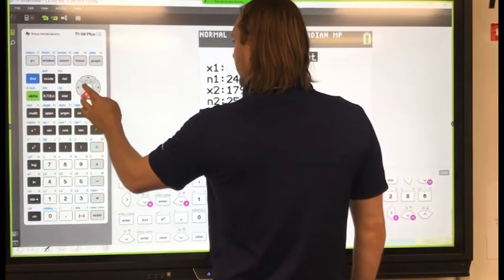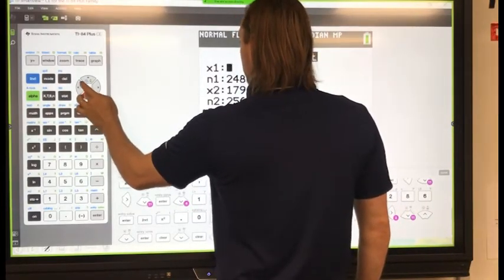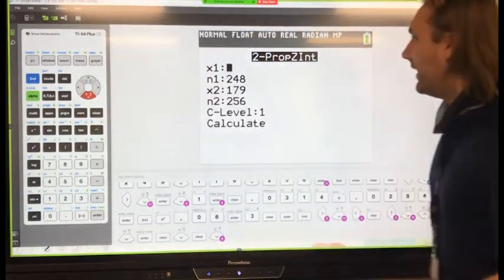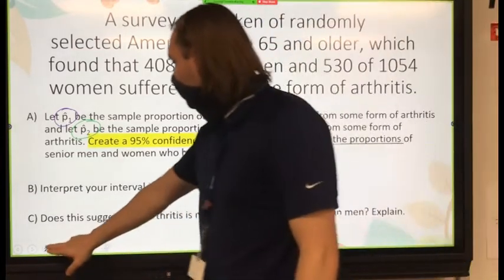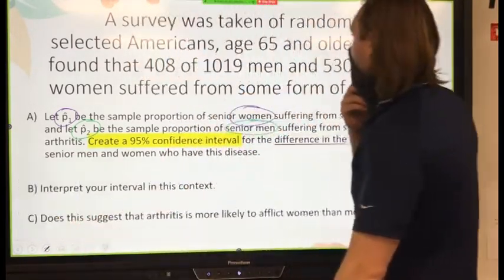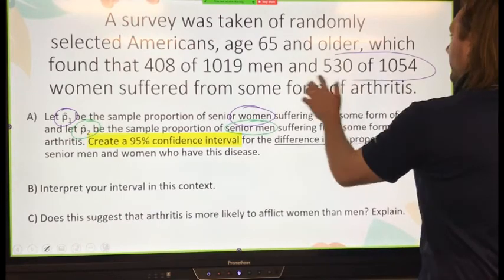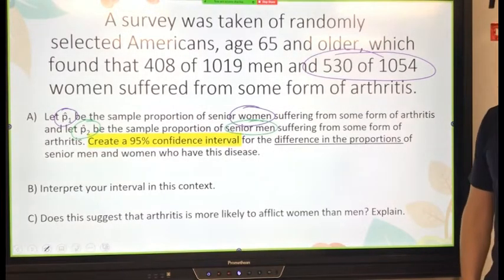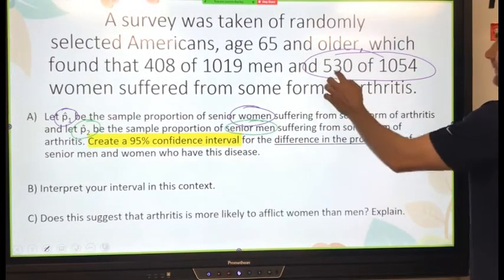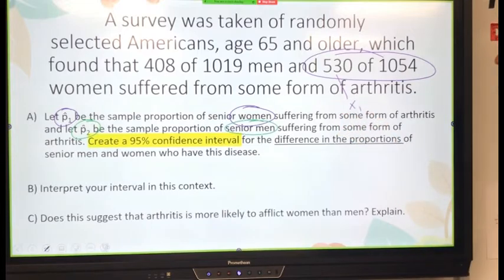And I have my X1, N1. So my X1 value will be what? Since I'm calling P1 women, I want to look at the women, which is right here. Which of these numbers would be your X1? 530.